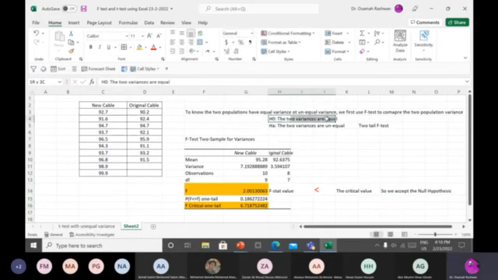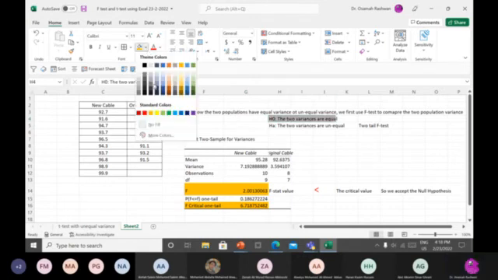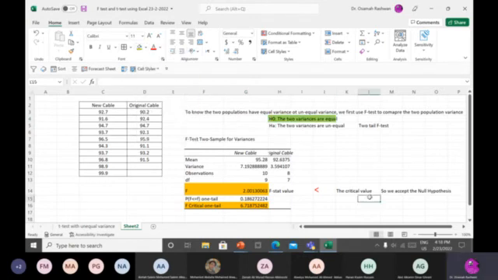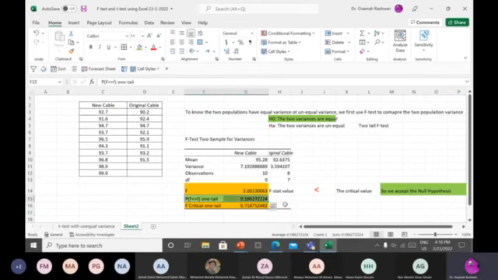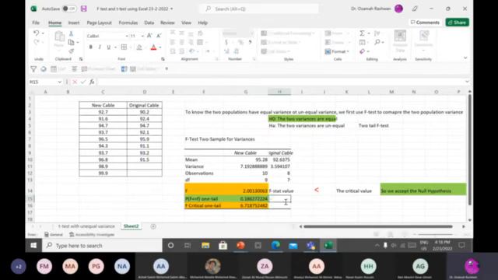The null hypothesis is that they have equal variance. So when you say we accept this one, you have to know what this one is. Also, if you compare using the p-value, the p-value is bigger than the alpha, or the level of significance.